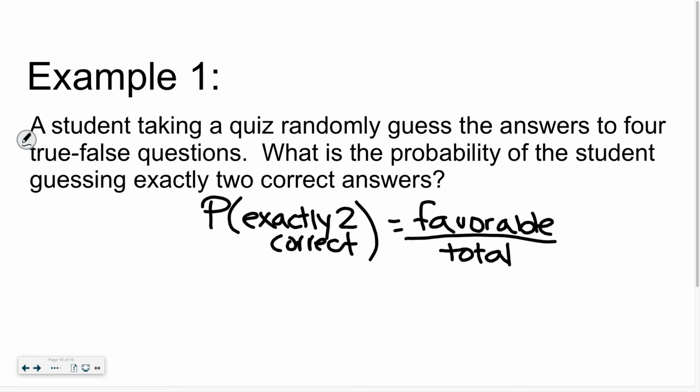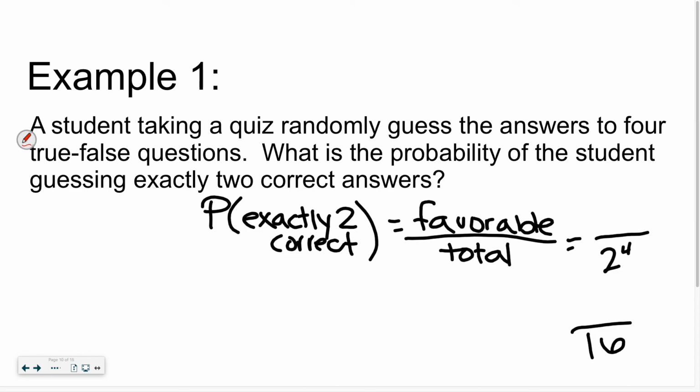When you're answering 4 true-false questions, how many total ways are there to answer? 2 for the first problem, 2 for the second, 2 for the third, 2 for the fourth. What do we do with all those 2's? Multiply them together. Your total is 2 to the 4th, or I hear some people saying 16. So that's the number of ways for you to answer.